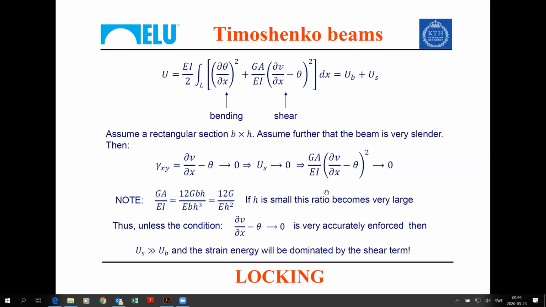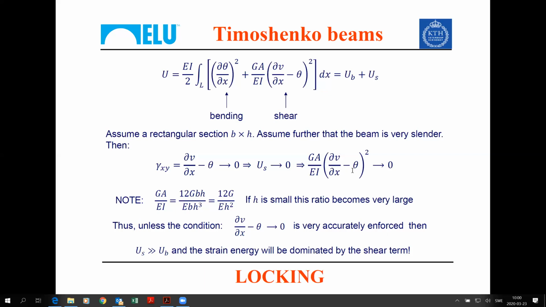This means that in order for the shear strain to tend to 0 as H decreases, this condition should be very accurately enforced. So dV/dx minus θ should also plunge towards 0.